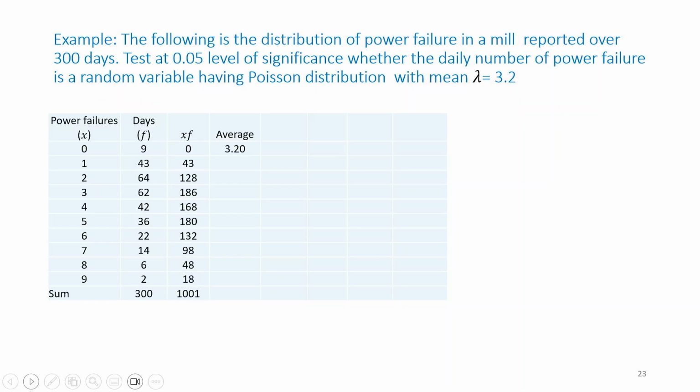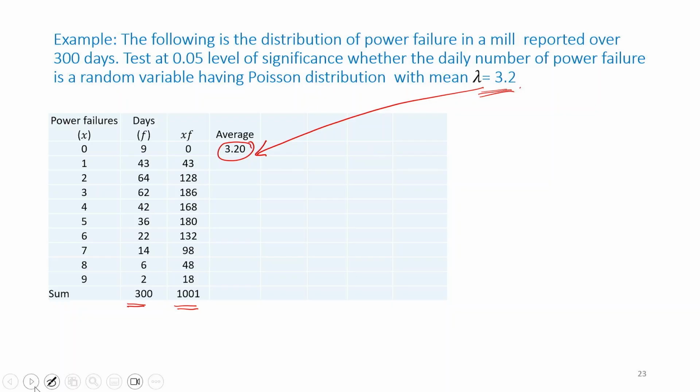For that, we find out the total number of days, x into f, and the average. This average is already given here. But if we calculate the average from here, you may get a different figure. It's not that you will exactly get 3.2, you may get some other figure. But the question is, given lambda value 3.2, is it following the Poisson distribution or not?